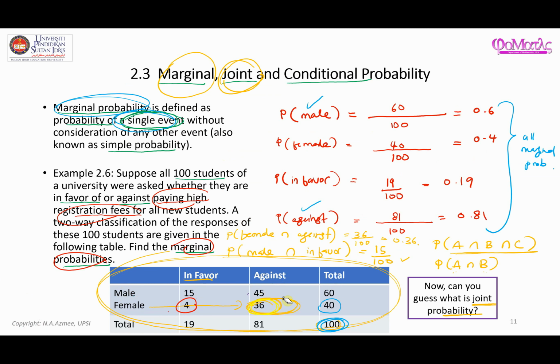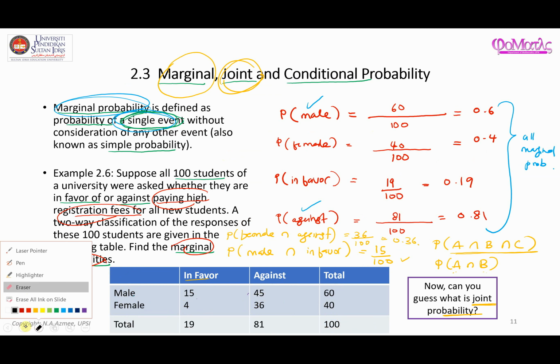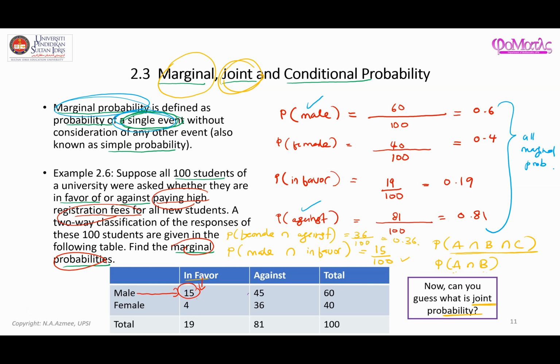Hang on. So we are going to find the probability of that person is a male and also in favor. We know that the number here is 15. So the probability of these two events happening together is going to be 15 over 100. So that's the first part.